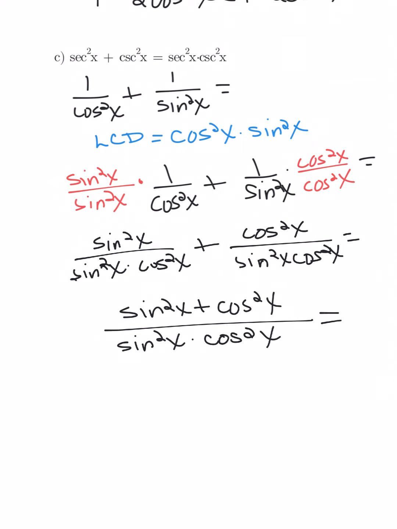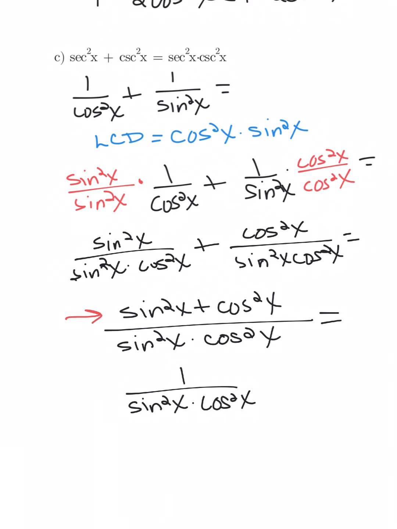Now, hopefully, this numerator is jumping out at you. Sine squared of x plus cosine squared of x equals 1. So we have 1 over sine squared x times cosine squared of x. So it took a lot of work, and we got it down to a much simpler fraction.